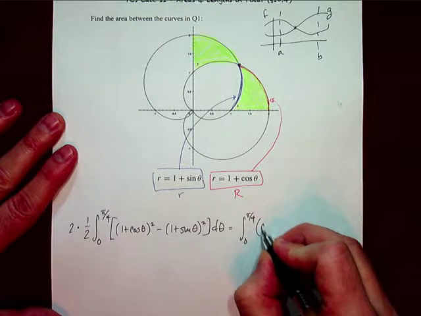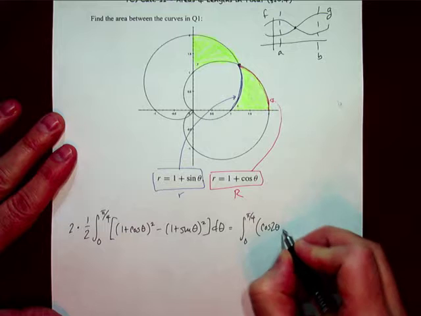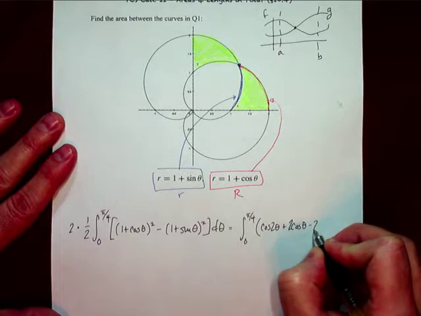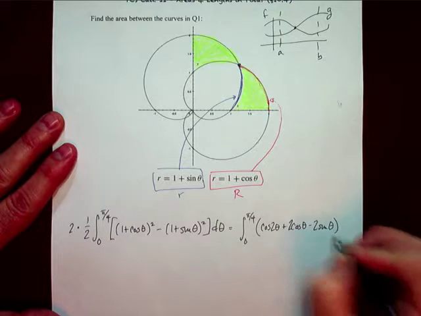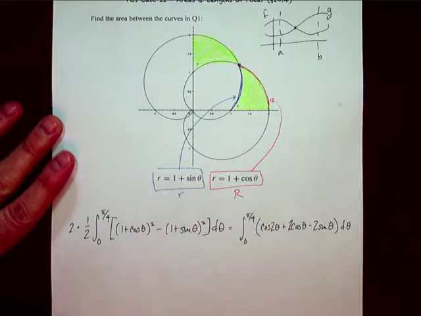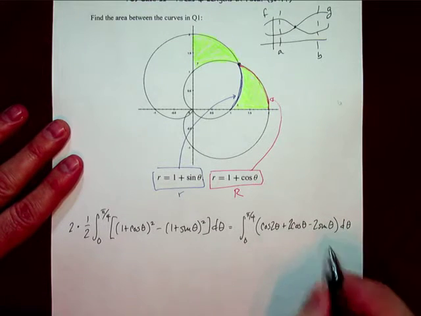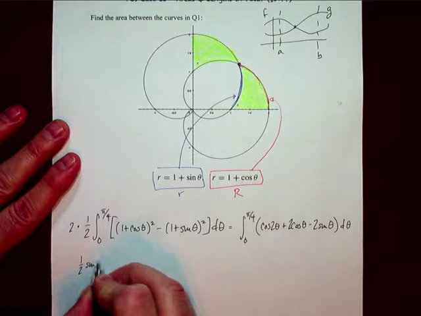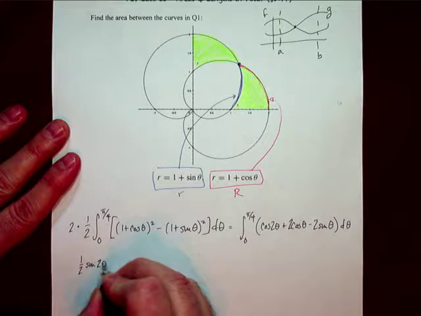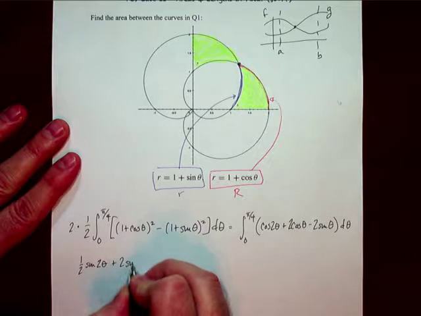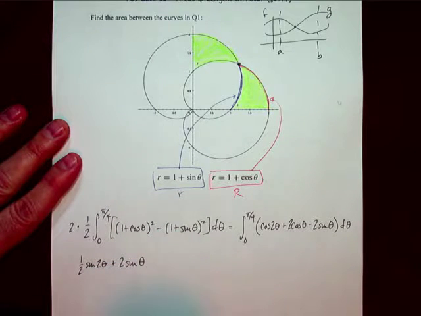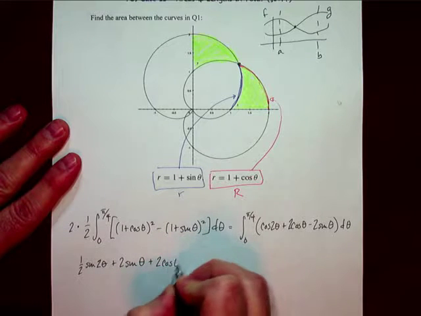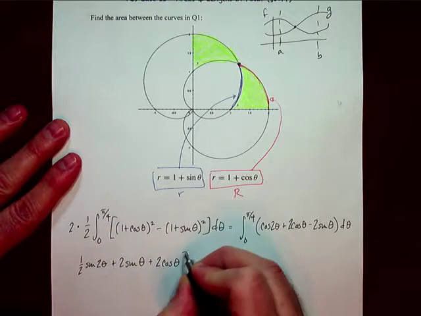I can just call it cosine 2 theta plus 2 cosine theta minus 2 sine theta, which was of course just the negatives of the last one. And if the integrand is the negatives, then it's going to integrate into the negatives of the last problem. Okay, and then plus 2 cosine theta. And I'm going to go from 0 to pi over 4.